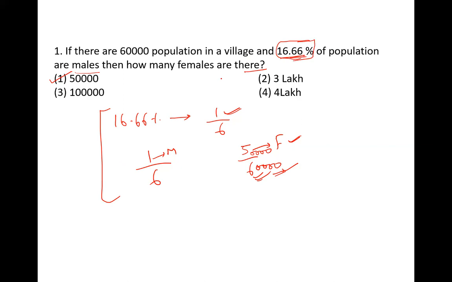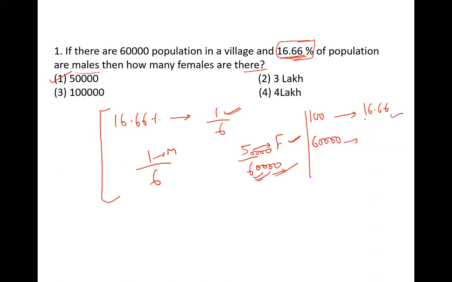Otherwise we can do it like this also. 16.66% means out of 100, 16.66% out of 100 are females. Okay, so out of 60,000, how many females are there?